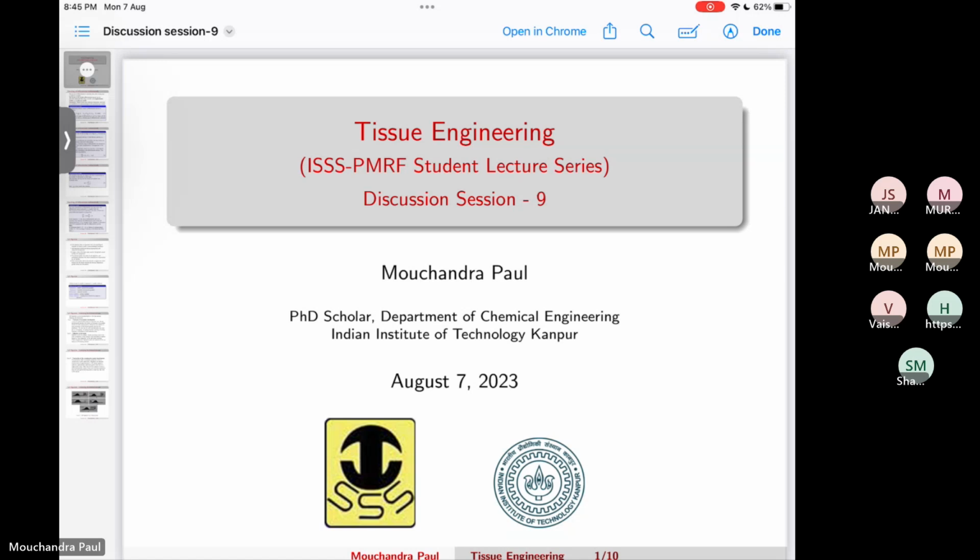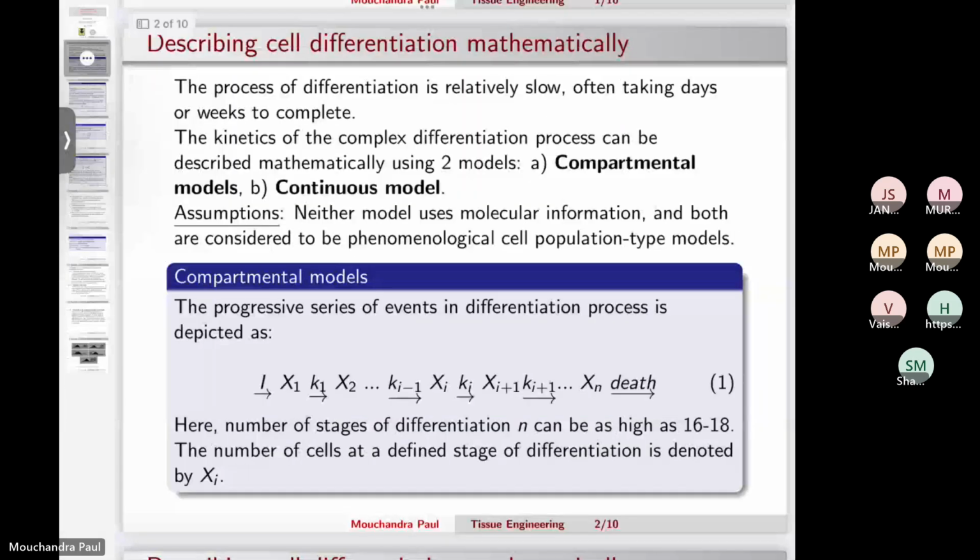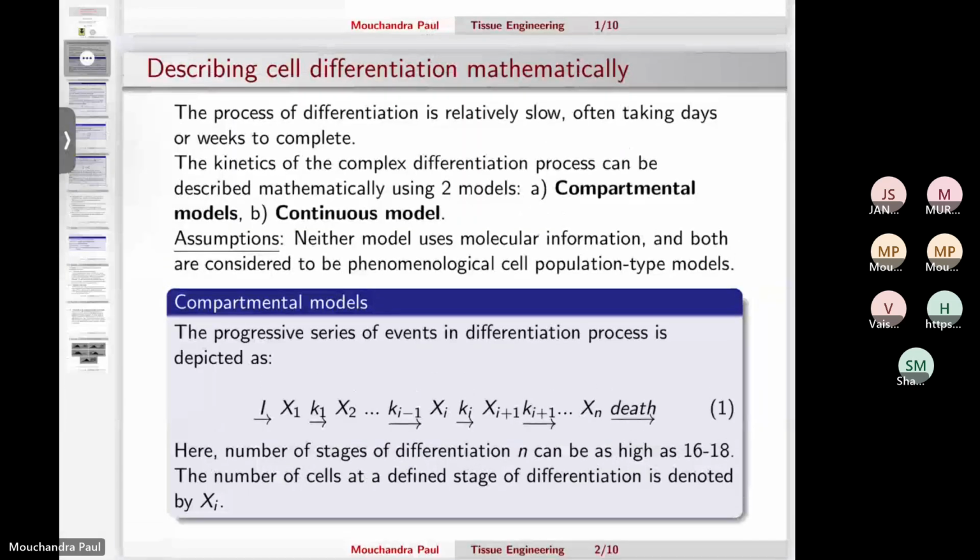The process of differentiation has been described using two mathematical models. We will look at each model one by one. As you know, the process of differentiation is very slow, because it can take a large number of weeks to complete, except for erythropoiesis etc., which are relatively faster.